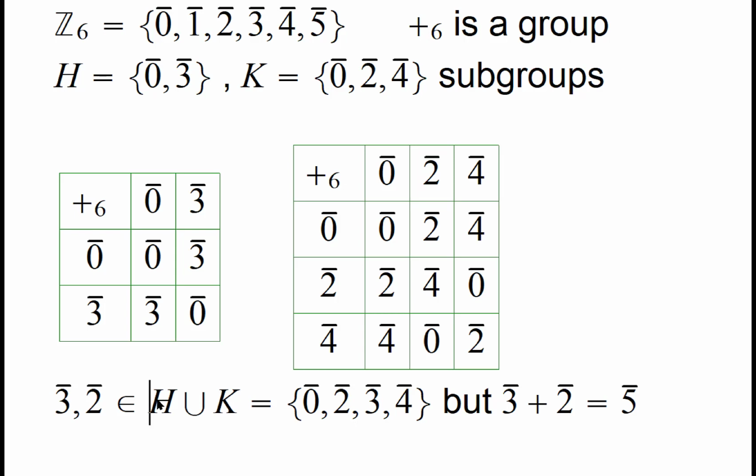That means H union K is not closed under the binary operation.